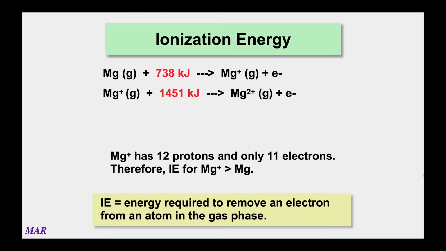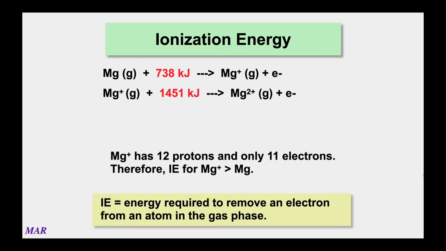Magnesium 2+ is going to have 12 protons and 10 electrons. We're going to see that making magnesium 2+ takes 1451 kilojoules, the energy required to remove that second electron, which is higher than the energy for the first one. We would say that the ionization energy for magnesium plus is greater than the ionization energy for magnesium.